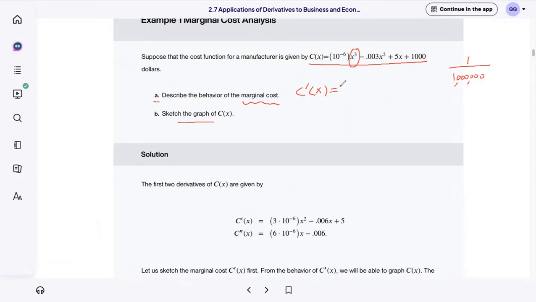So to take the derivative, we still use the power rule. We just get 3 times 10 raised to -6 x squared, minus 2 times 0.03006 x, then plus 5.